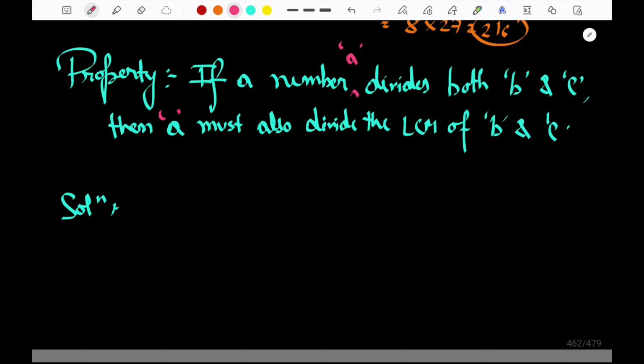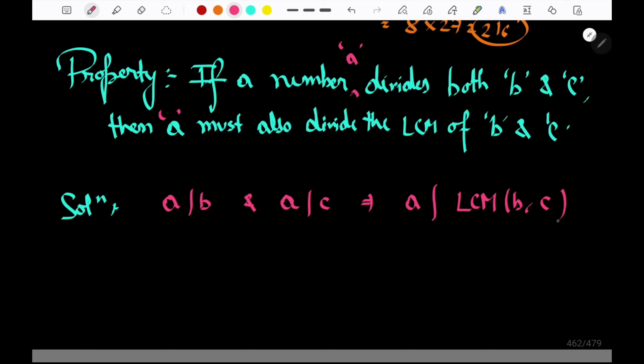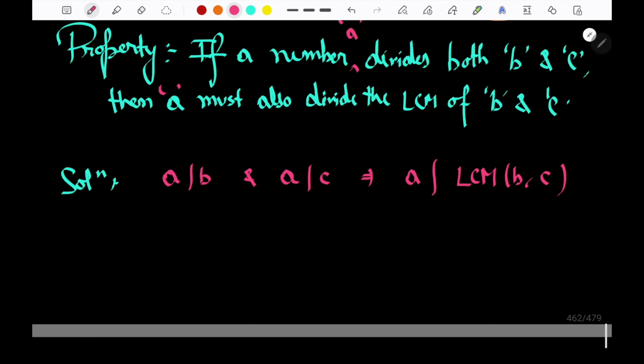Let's check out what we are saying. According to the question, A divides B and A divides C. What we are required to prove? We are required to prove A divides LCM of B comma C. Now, again, for every proof, there is a simple thing that I will do.